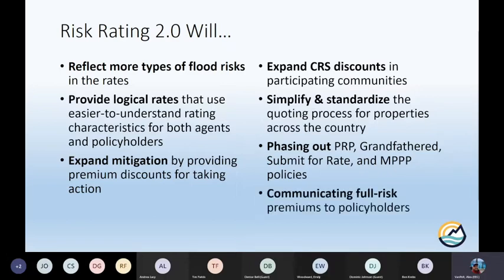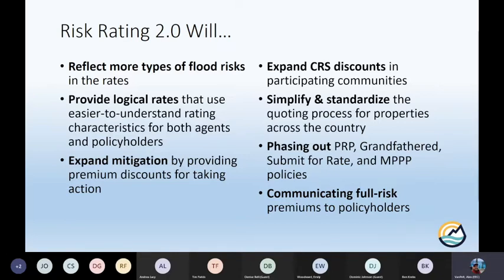And then the last one, which is going to be huge for the individual insured, the individual policyholder, is that they're going to try and communicate better as far as what your full risk rate should be. So we talked earlier how everybody in the NFIP under the legacy method was seeing that year over year increase.